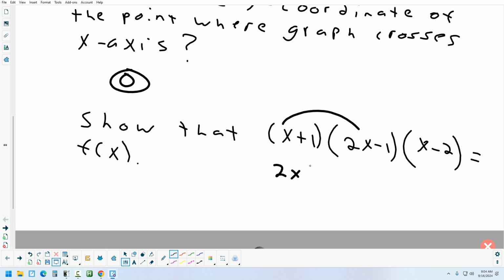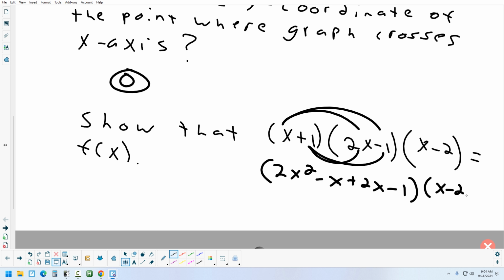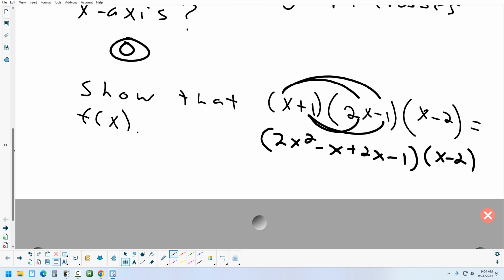So that gives me 2x squared minus x plus 2x minus 1. If I make a mistake, just let me know. We'll combine like terms. So we're going to have 2x squared, minus x plus 2x is going to give me what when I combine it? Just x. Yeah, just x.